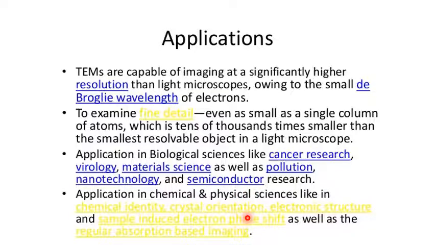Applications in chemical and physical sciences include studying the chemical identity of the material, crystal orientation of the material, electronic structures of the material, and sample-induced electron phase shift, that is the changes which are taking place in the material, as well as regular absorption-based imaging. Regular imaging is based on absorption of electrons. These are the applications of TEMs.